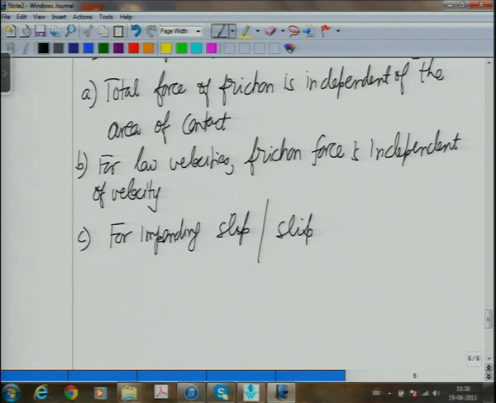And for impending slip and slip we have two cases. For these two cases, friction is proportional to the normal reaction.